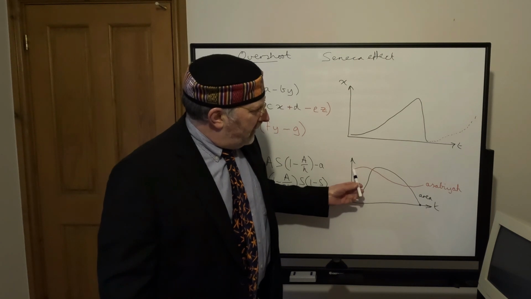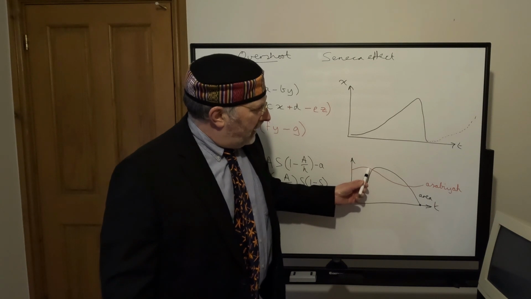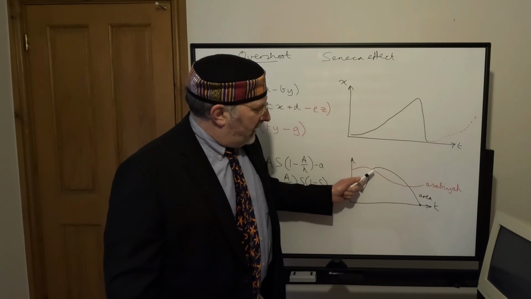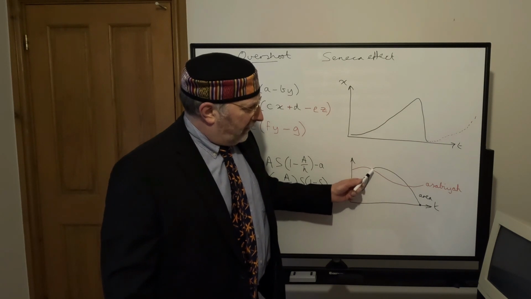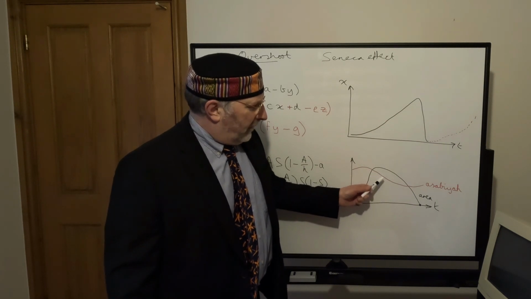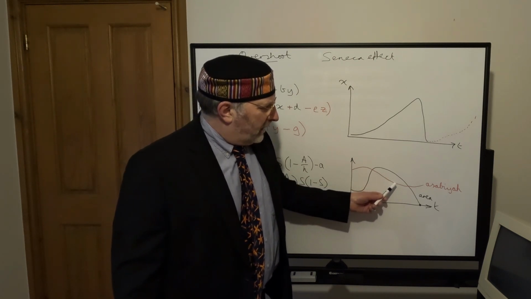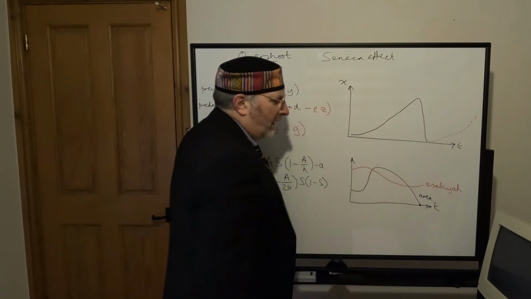Meanwhile, the asabiyah is increasing in this empire. At first it's still quite vigorous, but then, when it's got large enough, the asabiyah of the people, particularly at the centre, starts to decline, and so the average asabiyah of the empire is decreasing, and this declining asabiyah causes the area to start to collapse.